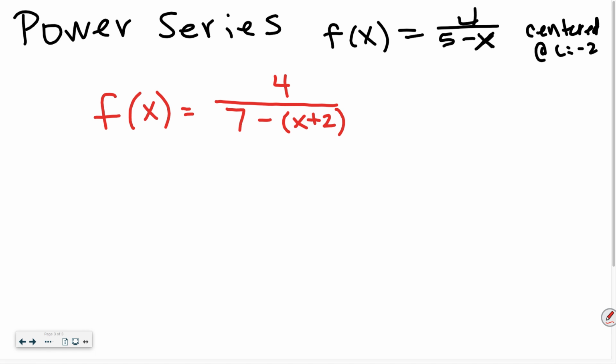However, this does not look like a over 1 minus r. This is a problem. That needs to be a 1. So we're going to need to multiply numerator and denominator by 1/7.